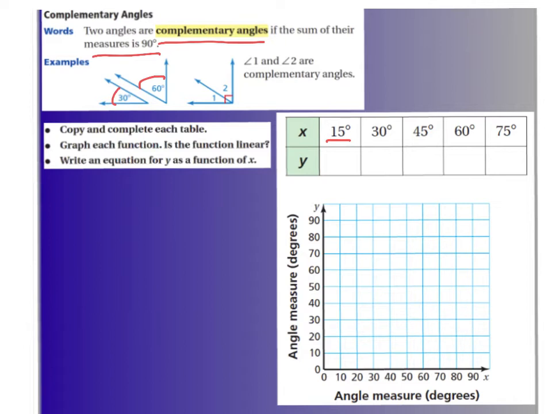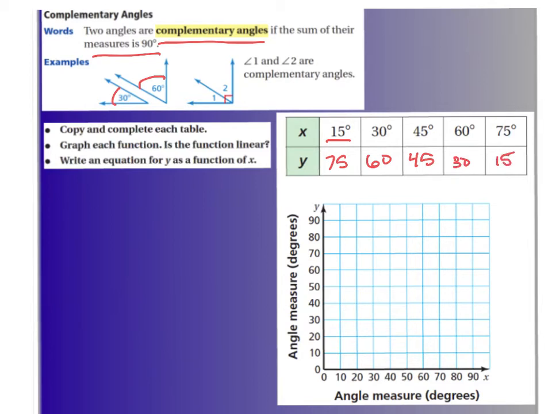You would take 90 minus that 15, and that's going to give us 75. And then 30, the other angle would be 60. 45, the other angle would be 45. If it was 60, then it's 30. If it's 75, then it's 15.